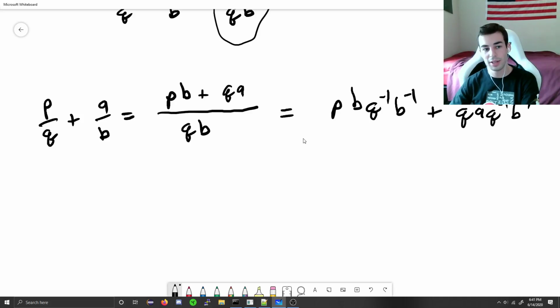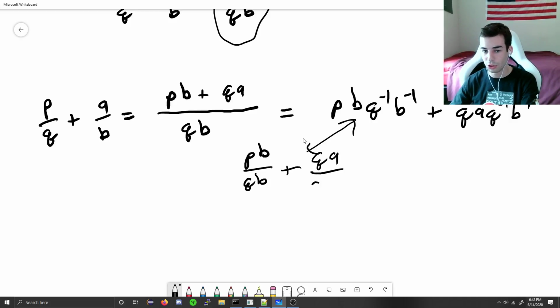So what I just did is equivalent to PB over QB, which is where this part comes from, plus QA over QB, which is where this part comes from. So that's where all that math comes from.